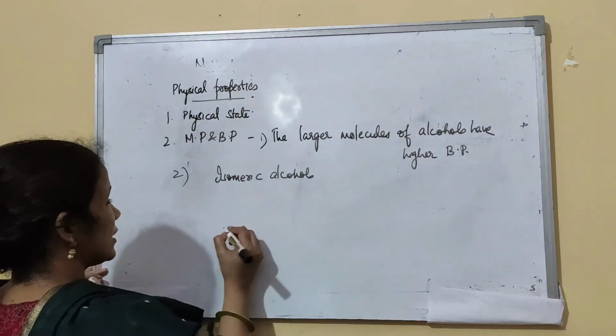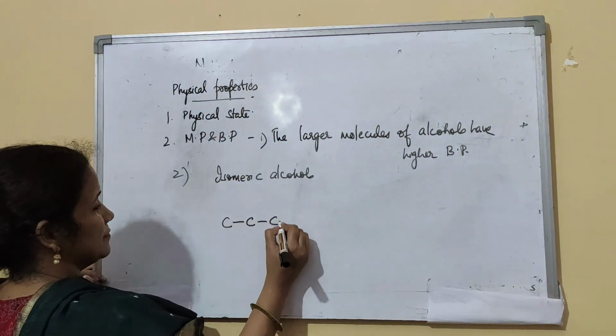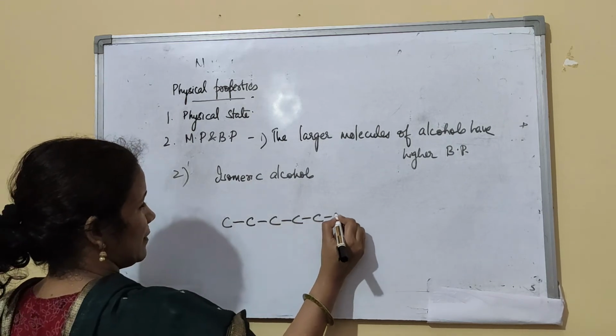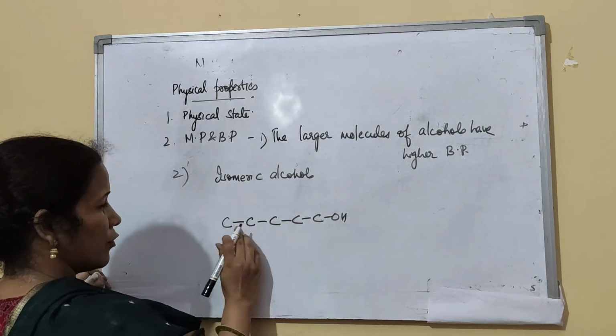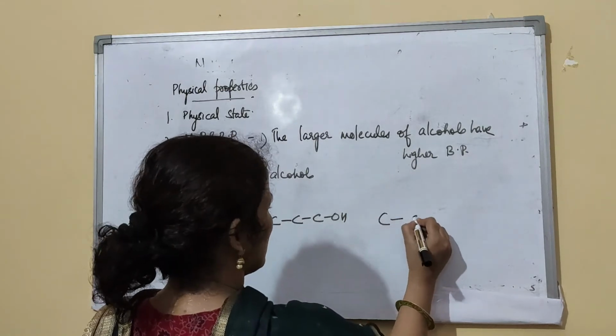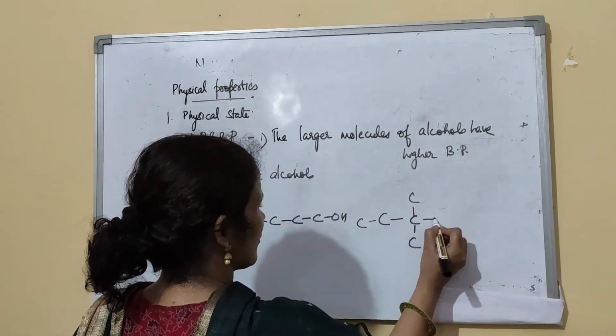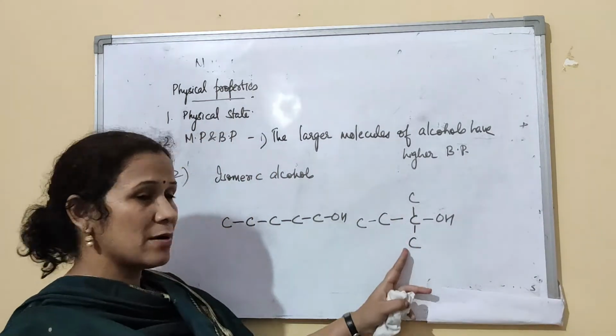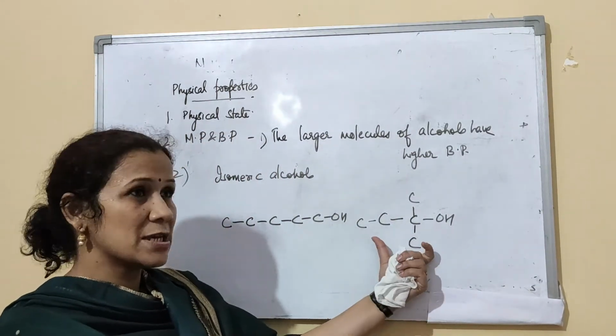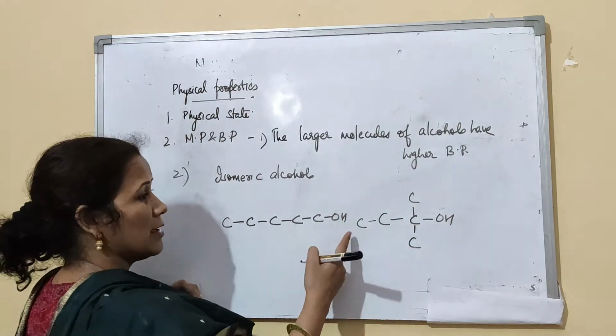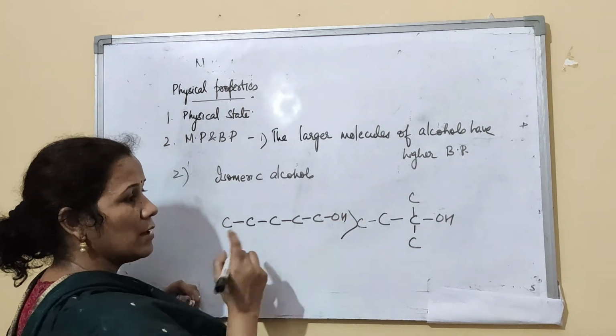So if you have 2-3 alcohols like this, 1, 2, 3, 4, 5 carbon, and one alcohol is like this, 3, 4 and 5. You can see there are 2 side branches here, so the surface area is less. So the boiling point for this would be lower.